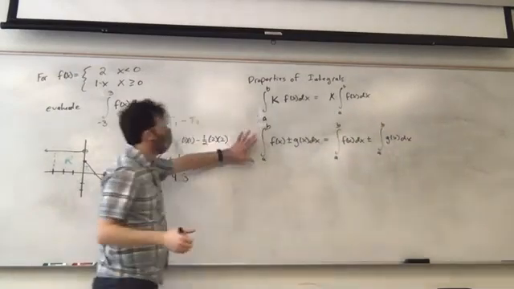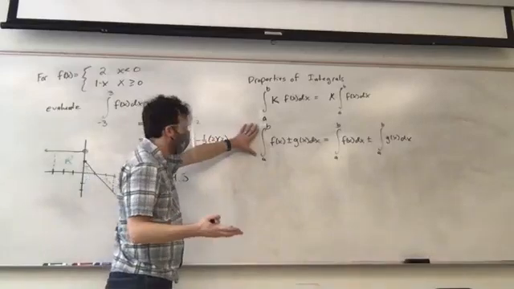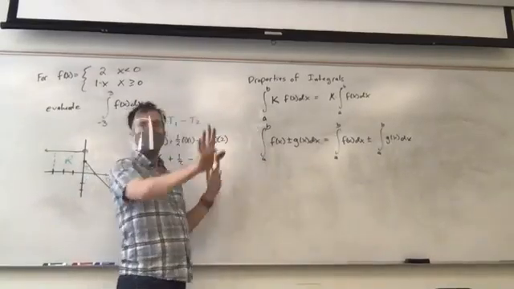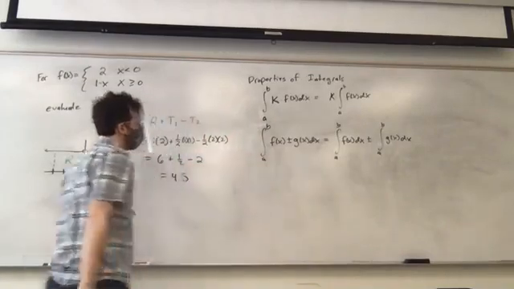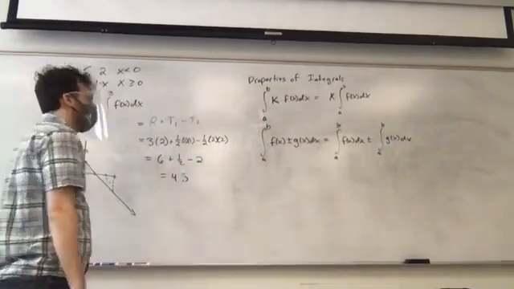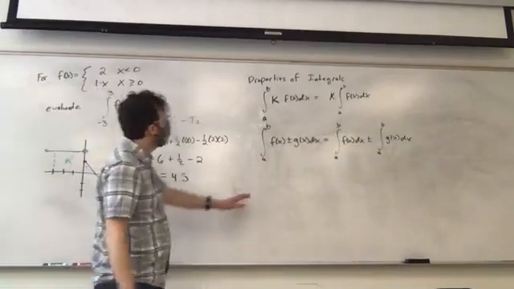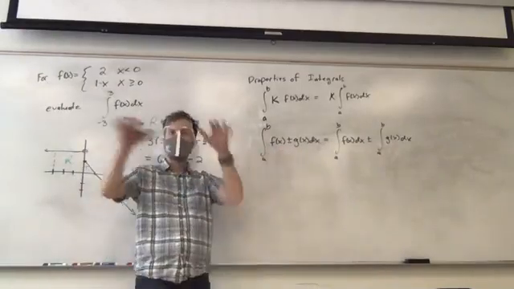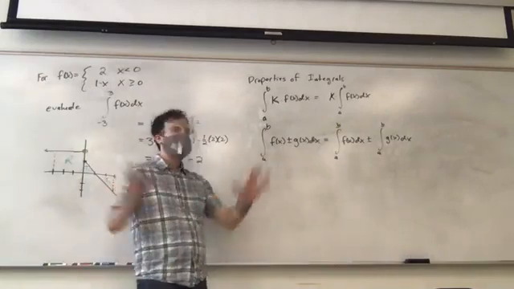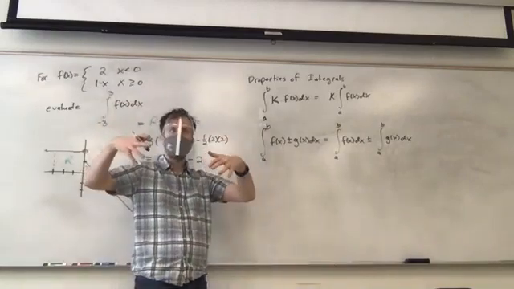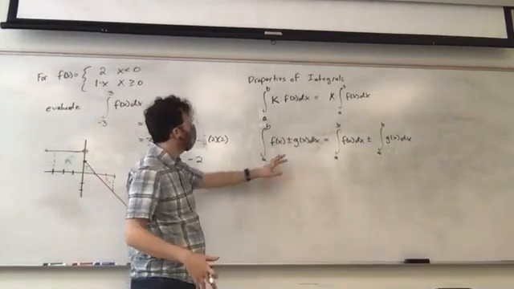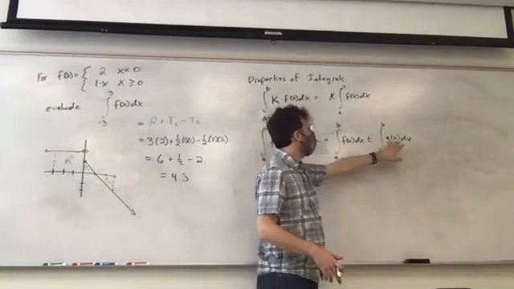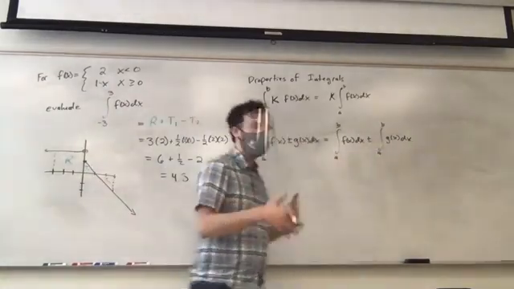Again, when you have limits and things added together, you can break them up over addition and subtraction. You can also think of this function f plus g as having the graph of f with the graph of g added on top of it. So if you want to find the area of them stacked on top of each other, find the area of each one separately and add those areas back.